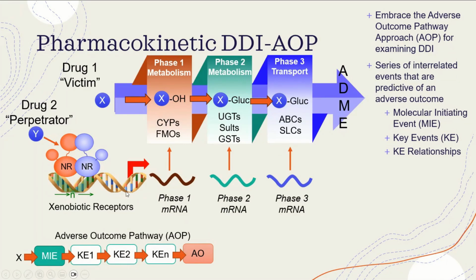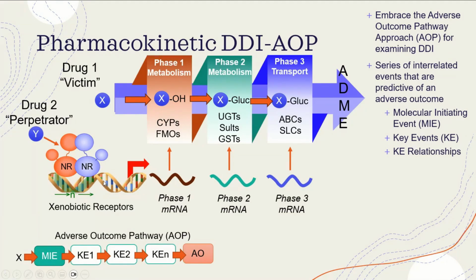So again, if we're thinking about this simplified pathway in the context of drug-drug interactions, what we're looking at here is our drug one victim, where it has a particular pathway that it's going through for absorption, distribution, metabolism, and excretion. But now we have a perpetrator drug that is interfering with this process.